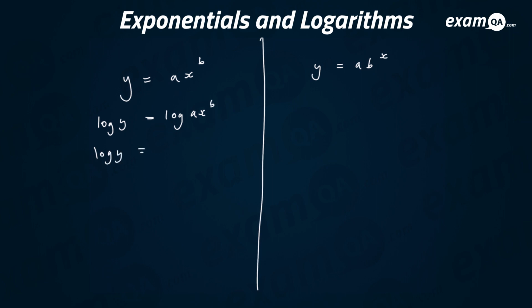The right side you can simplify a lot because you have the logarithm rule where you can split a product into an addition. So this is log a plus log x to the power of b, and you can bring this power down. So this becomes log y equals log a plus b log x.